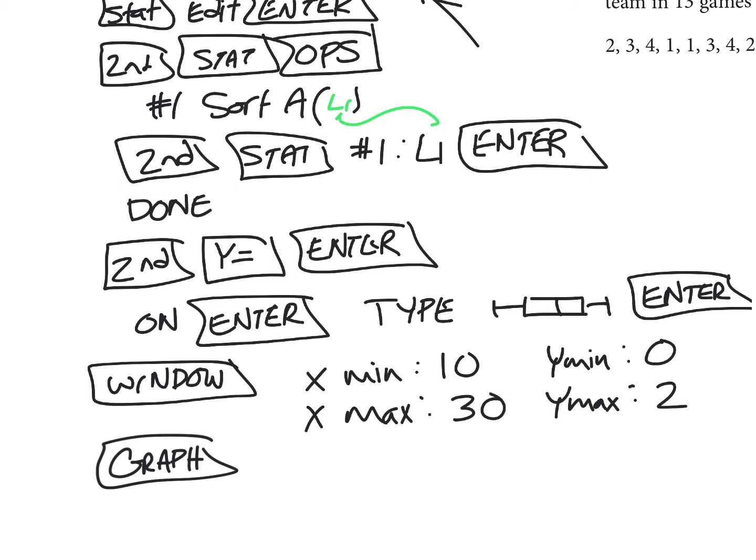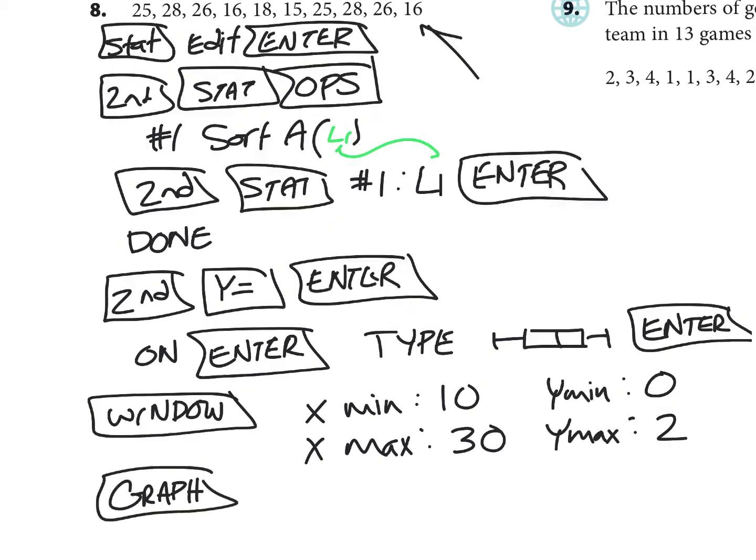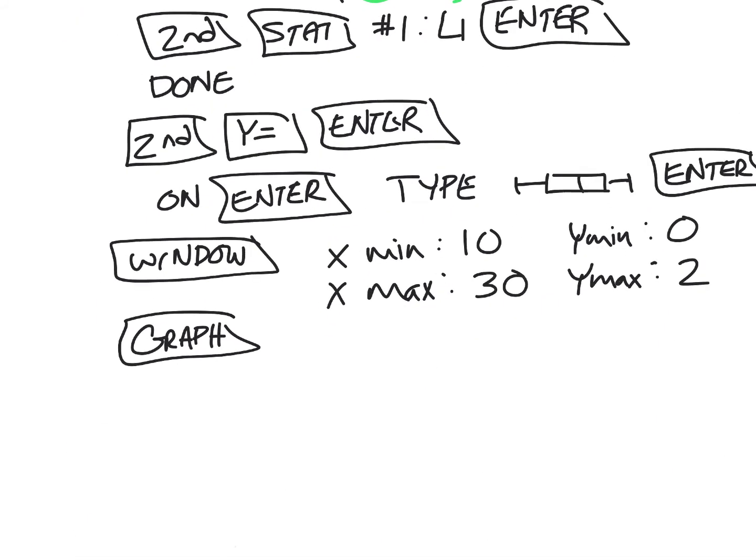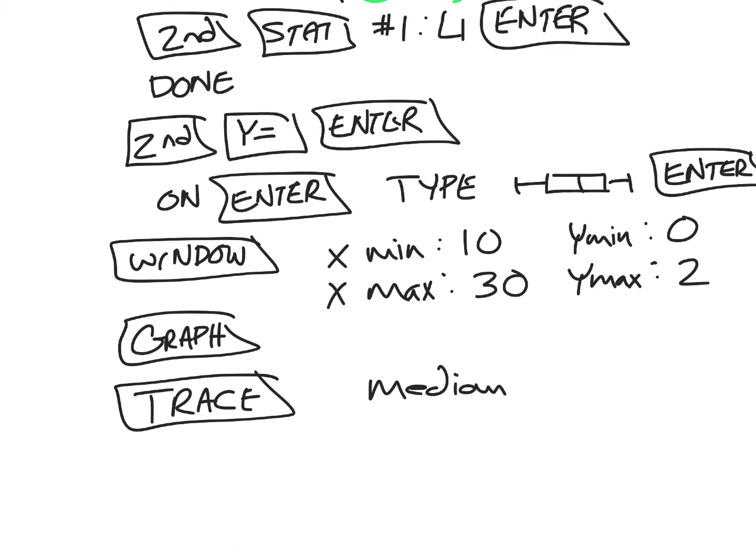Now, what's great about this is we can actually identify values from it. So if we go back up here, it just wants us to create it, but we can actually interpret values from it. If you press the trace button on your calculator, it takes your cursor up there, and the first place it takes you is MED, or median. For this particular one, that's 25.